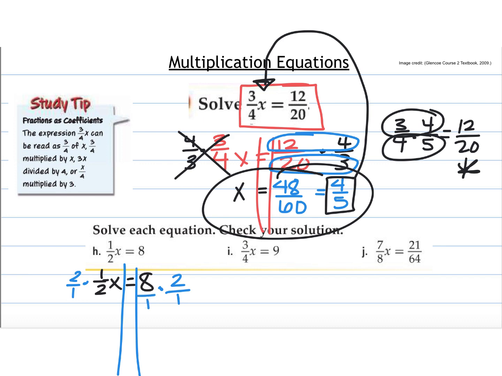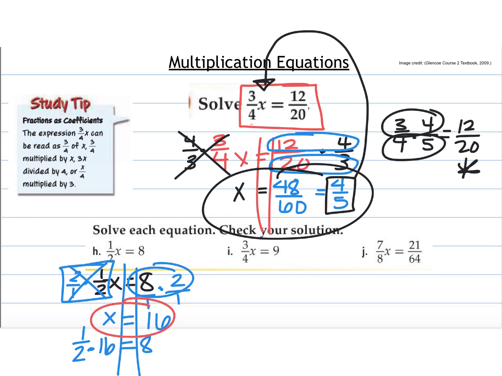Add a 1 over there, so they're both fractions. And then I know that 8 times 2 is 16, and 2/1 times 1/2, remember, cancels out, so x would be 16. So if I check 1/2 times 16, does it equal 8? I know half of 16 is 8, so then my answer truly would be 16. You pause and do the next two on your own and then come back and check.